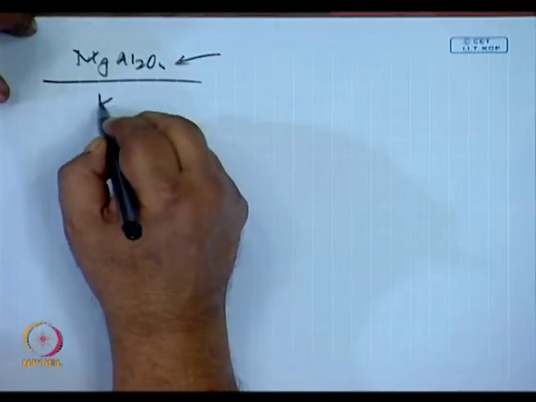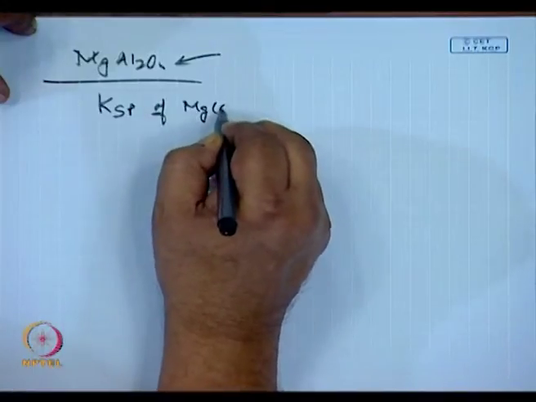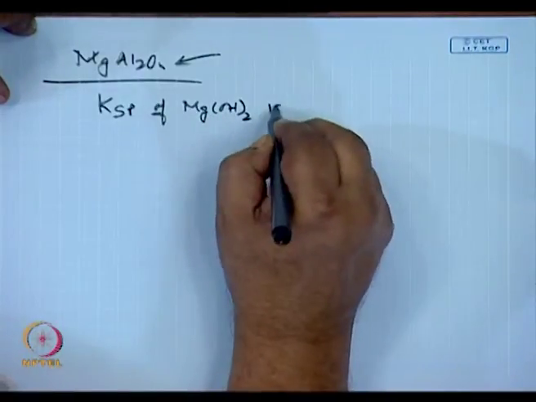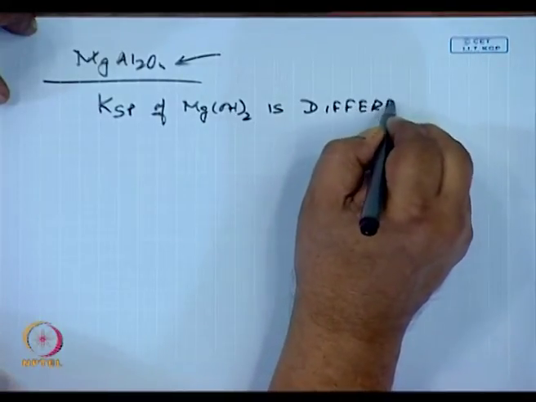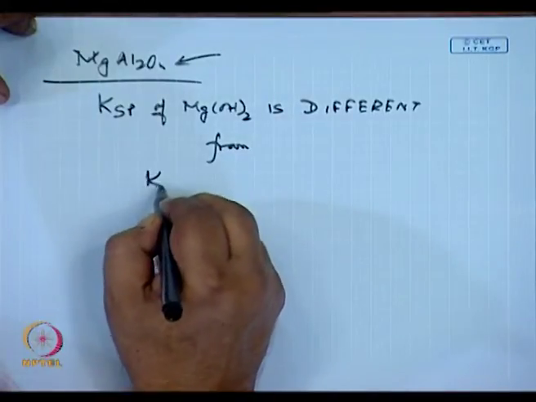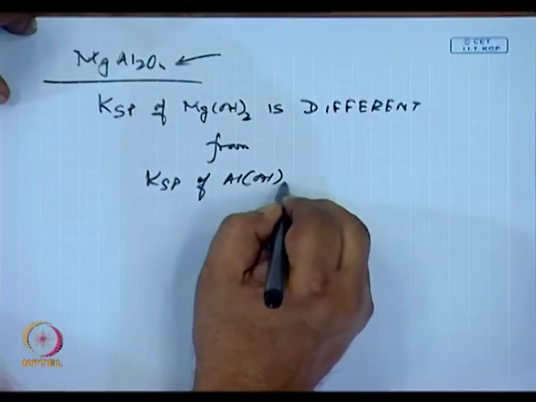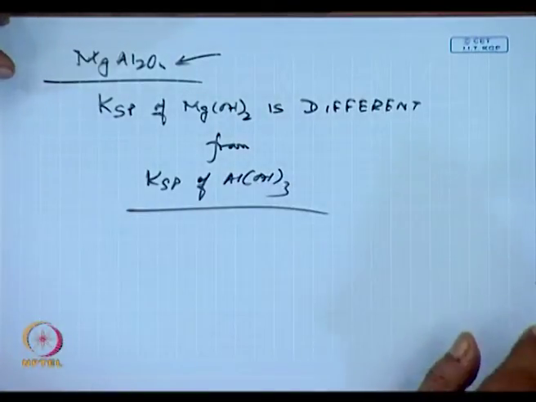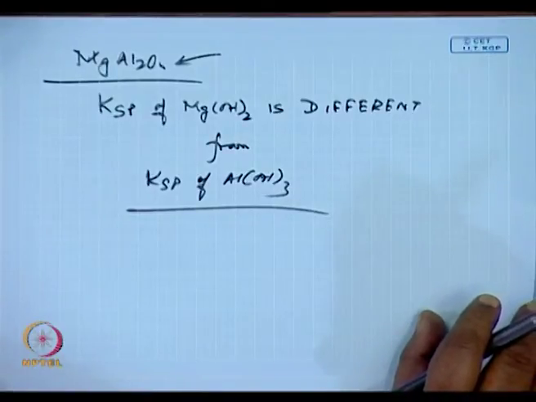The KSP of magnesium hydroxide is different from the KSP of aluminum hydroxide. So, the precipitation process is difficult by adding ammonium hydroxide.